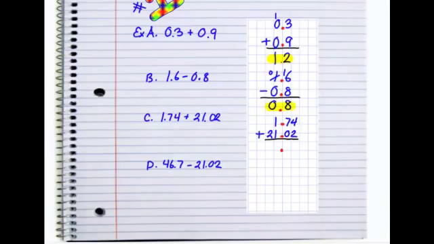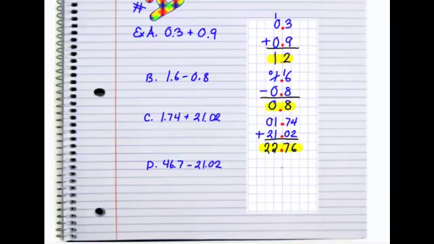Here's a little bit of a conundrum. The first add-in that I have doesn't have a digit up here, so I am going to insert a 0 just to hold that place so I don't lose myself when I'm adding. Then I'm just going to add. 4 plus 2 is 6, 7 plus 0 is 7, 1 plus 1 is 2, and 0 plus 2 is 2. So my solution here is 22.76.